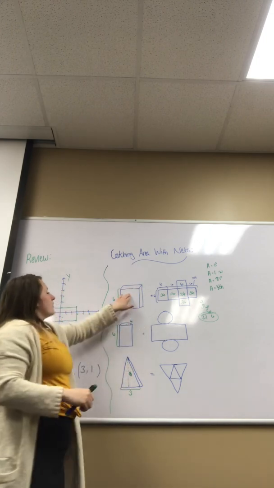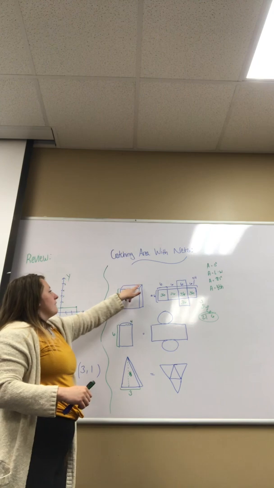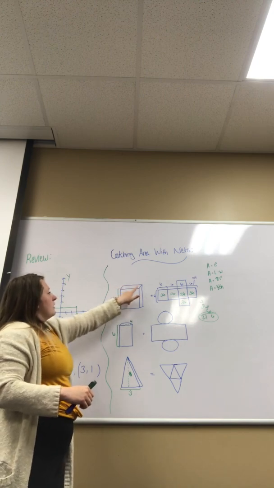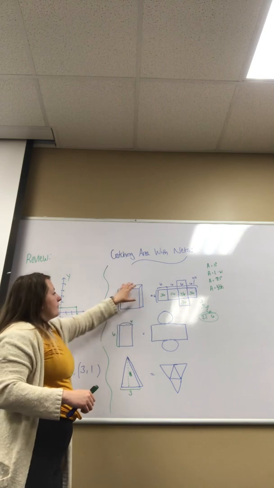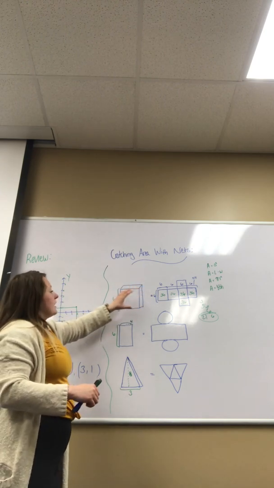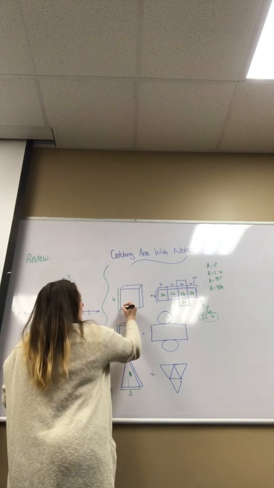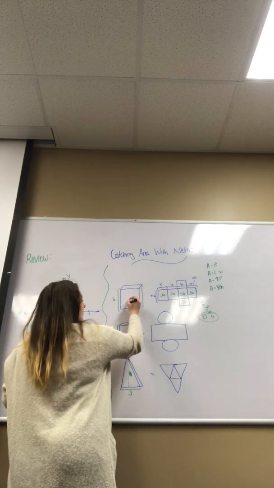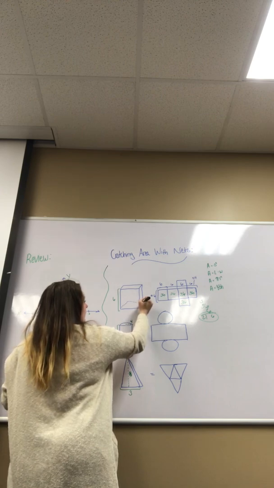So for a cube, we're going to have 1, 2, 3, 4, 5, 6, 7, 8, 9. 9 for what we can see, right? And then we also have to remember to count the bottom. So we're going to have lines back here, right? If I could draw this right.